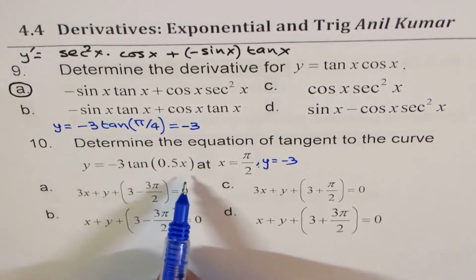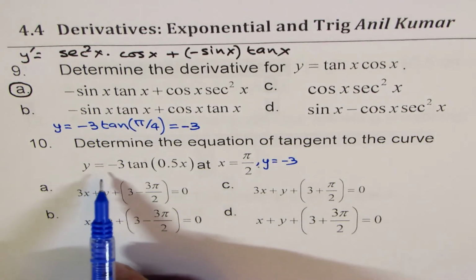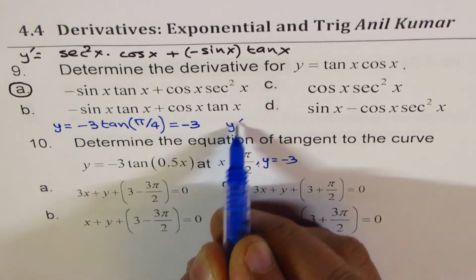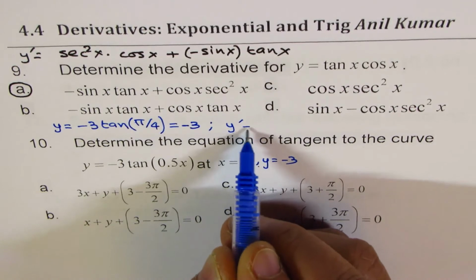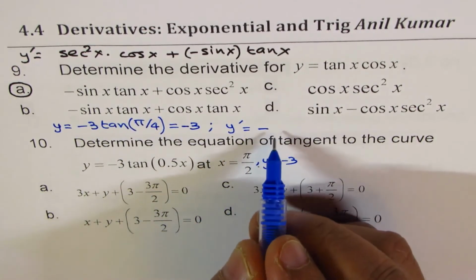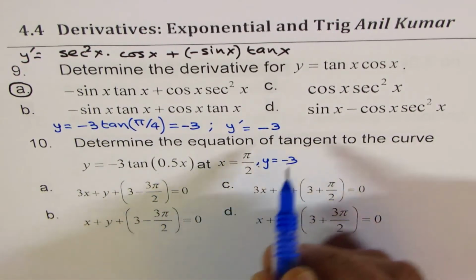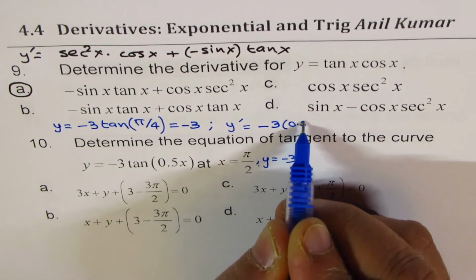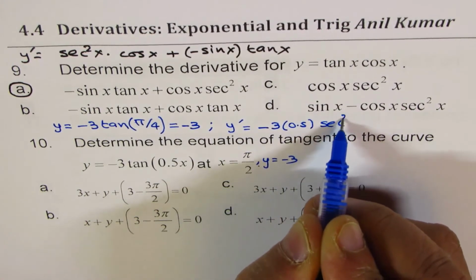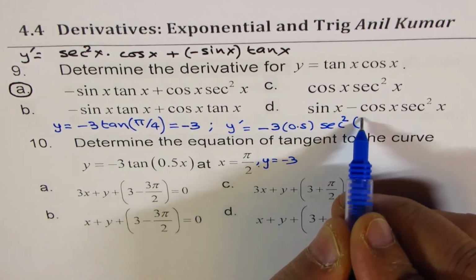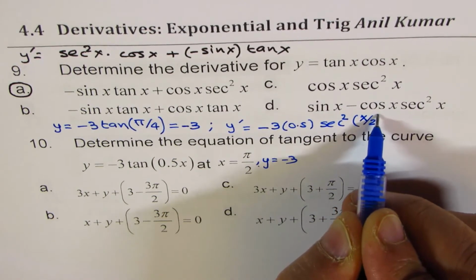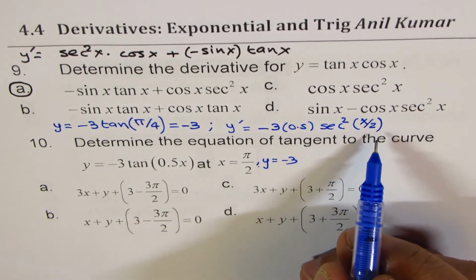Now let's find the derivative of this function. The derivative of this function is y dash equals minus 3 times 0.5 secant square x by 2, right? That is what the derivative is.